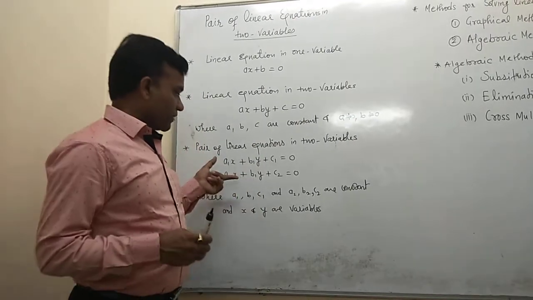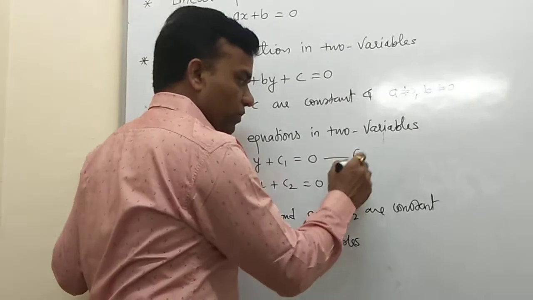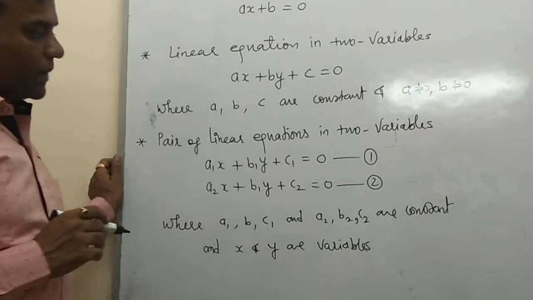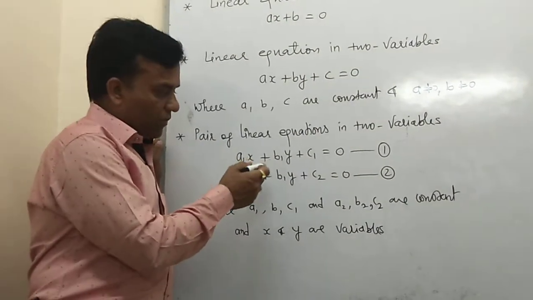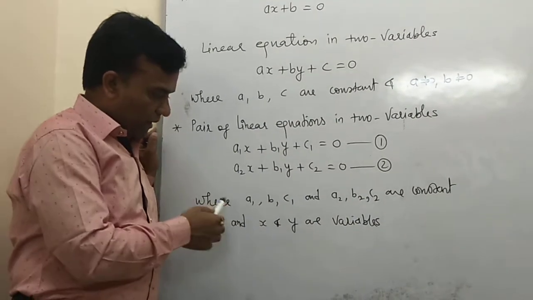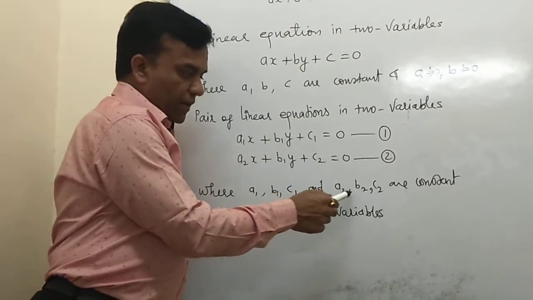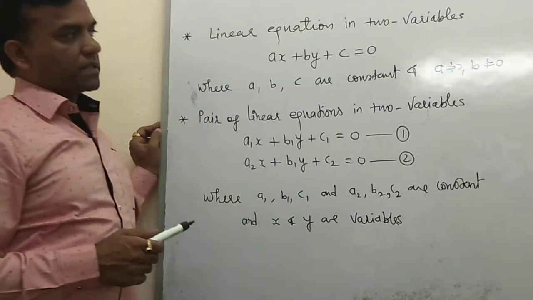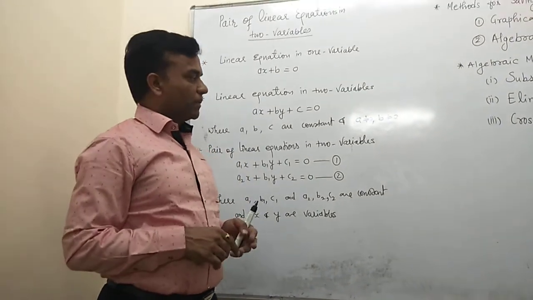So here we call them equation 1 and 2. Here a1, b1, c1 and a2, b2, c2 are constants and x and y are the variables. This is the general form of linear equations in two variables.